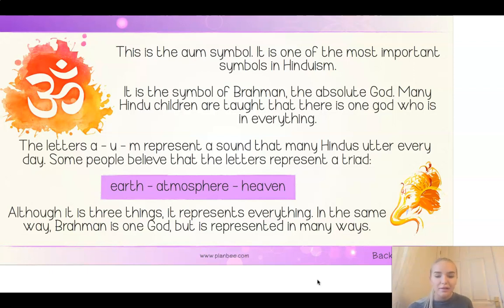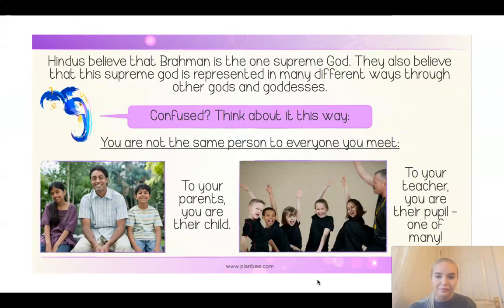And some people believe that these letters represent a triad, so three things, such as earth, atmosphere and heaven. And although it is three things that represent everything, Brahman is one God and is represented in many ways. And we are going to learn about how he is represented in many ways today.